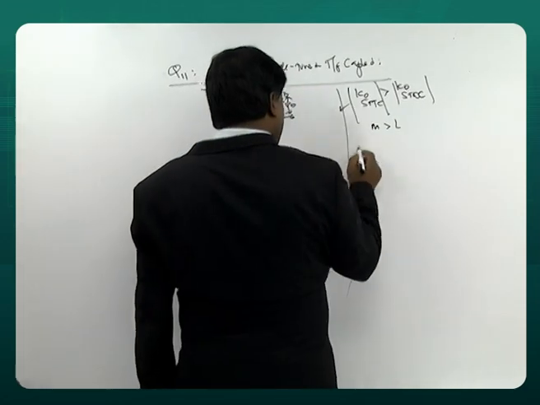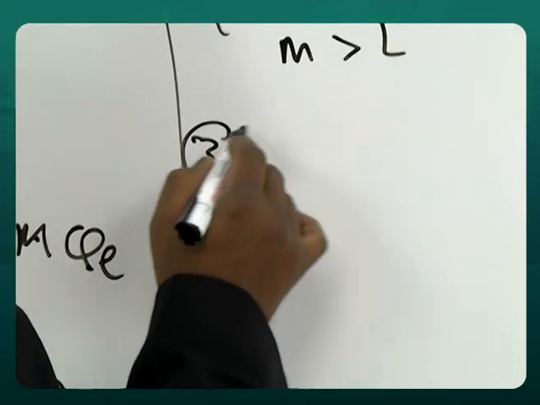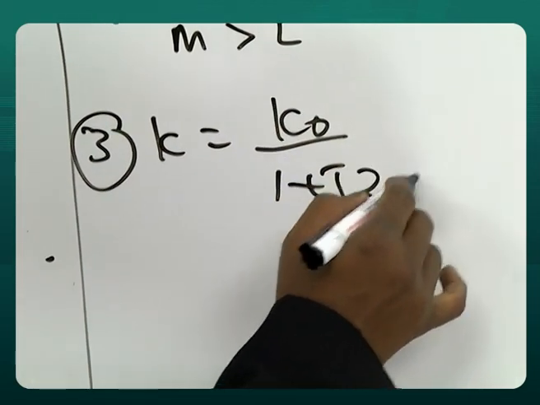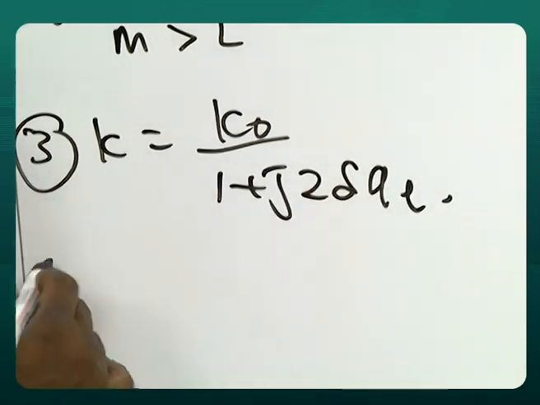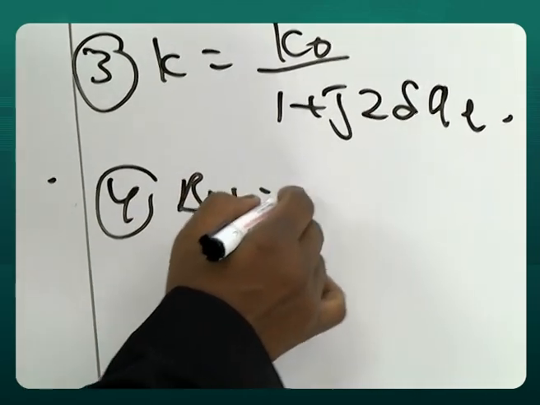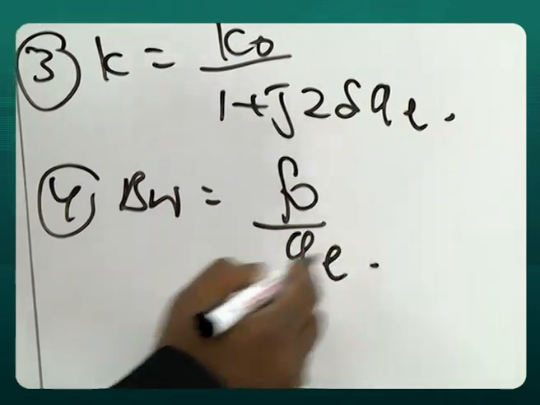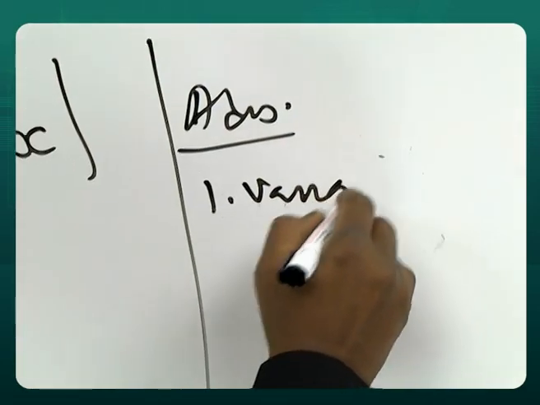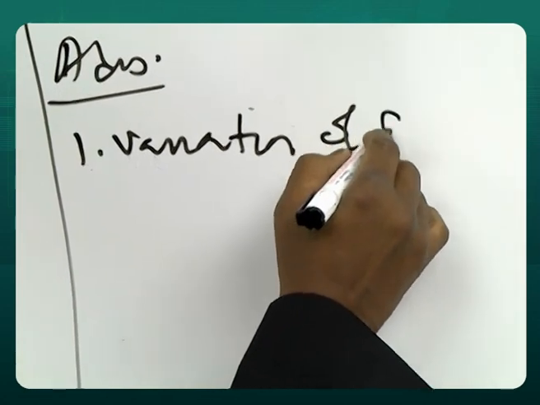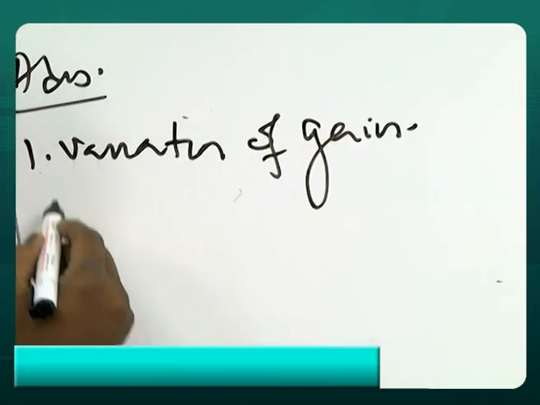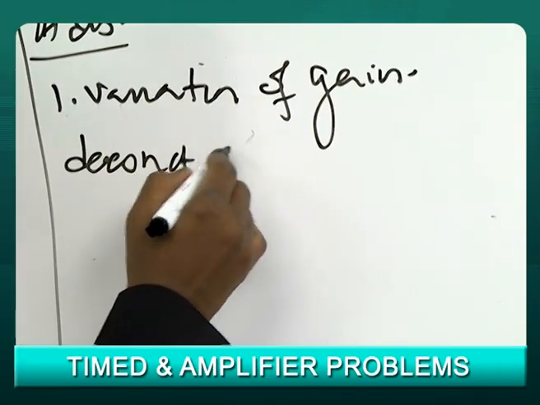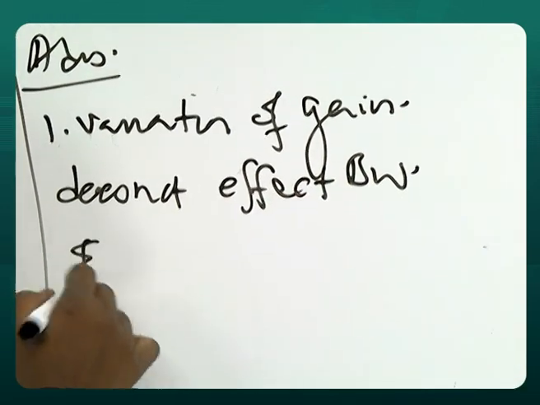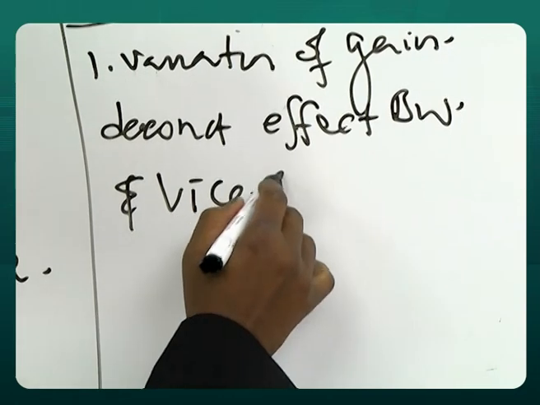That's a very good advantage. Third one is K is K0 by 1 plus J delta QE. Therefore, bandwidth is F0 by QE. Advantages: variation of gain does not affect bandwidth and vice versa.